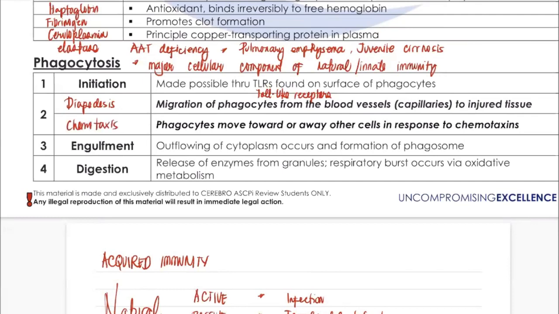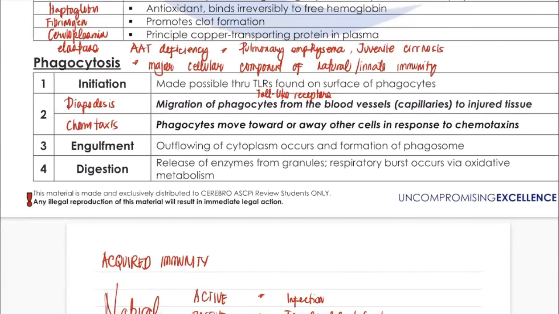Okay? So syempre, when the phagocyte is already present there in the site of infection, it will start to engulf the offending agent, and it has to elicit a very important process. Yung tawag natin doon is respiratory burst or oxidative burst, because this mechanism will kill the offending agent. Okay?